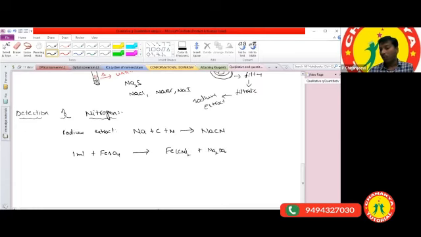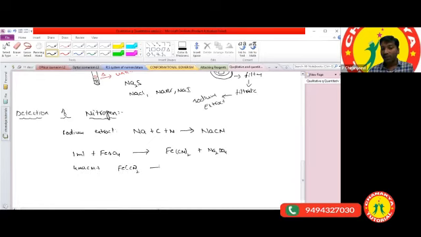If you treat it with an excess amount of ferrous sulfate, 4 moles of NaCN plus Fe(CN)2 is converted into sodium ferrocyanide, Na4[Fe(CN)6].